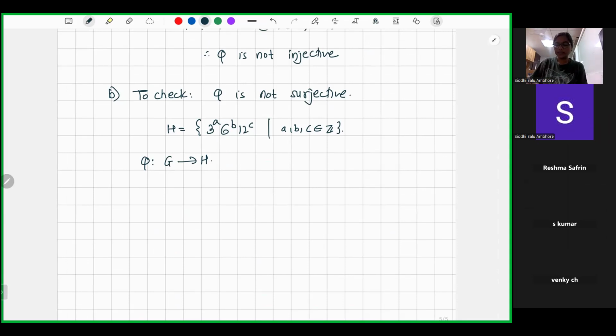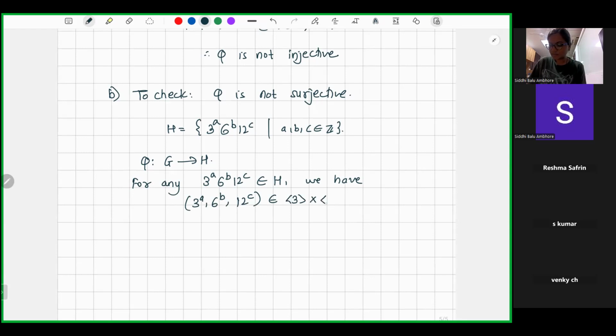Note that any element here is 3 power a, 6 power b, 12 power c. It's trivial: for any 3 power a, 6 power b, 12 power c in H, we have this 3 power a, 6 power b, 12 power c in G such that phi of g is 3 power a, 6 power b and 12 power c.